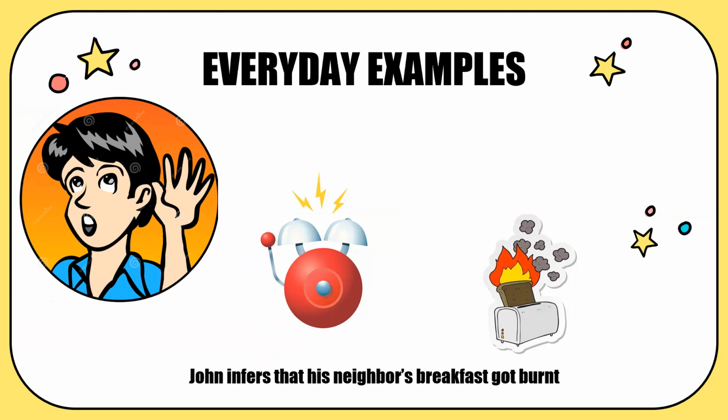But we do that. When we hear some noise coming from a neighbor's house, we arrive at the conclusion that maybe there is an argument going on between the husband and the wife, or maybe the mother is scolding her child. So this is how we draw inferences without realizing it.